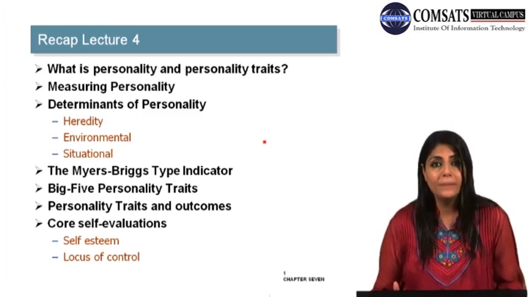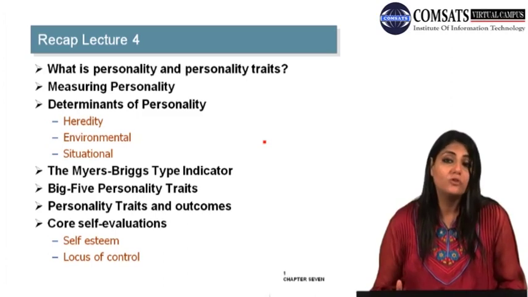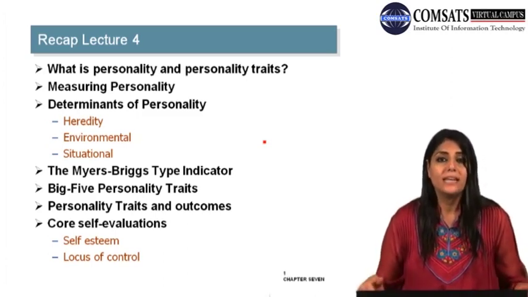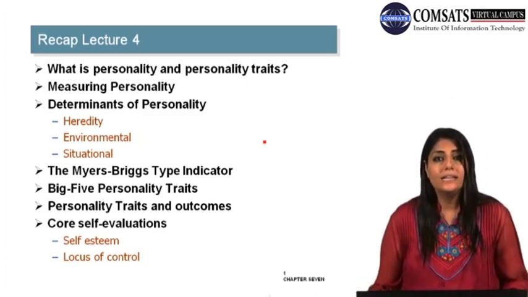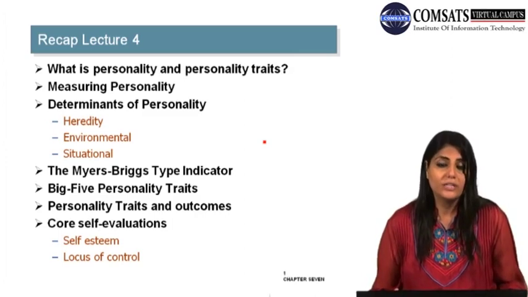They should be aligned with the desired strategic objectives of the organization, so that there is an alignment between the two and that leads to meeting the organizational objectives. So we started with the introduction of the organizational behavior.